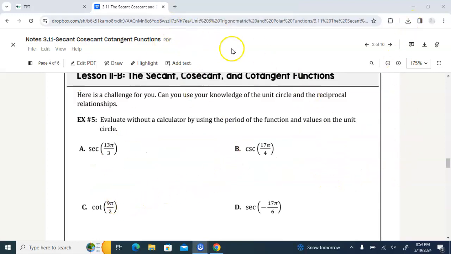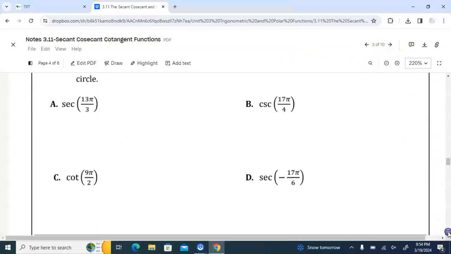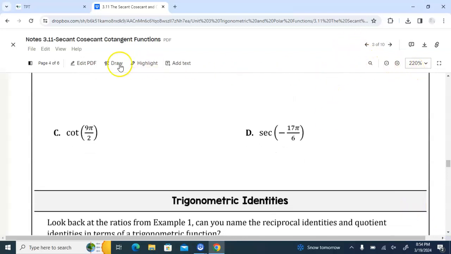All right, let's do cotangent. Let me zoom in a little bit to make my life a little bit easier. All right, so cotan 9 pi over 2. Now remember, cotangent is reciprocal slope, so it's x over y. Now 9 pi over 2 is not on the unit circle, so I'm going to subtract 2 pi from that until I get to my coterminal angle, which for this one was pi over 2.